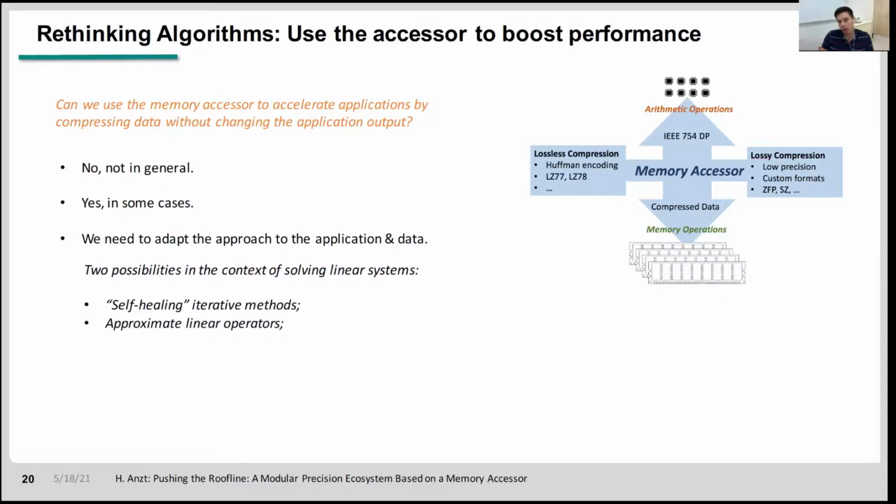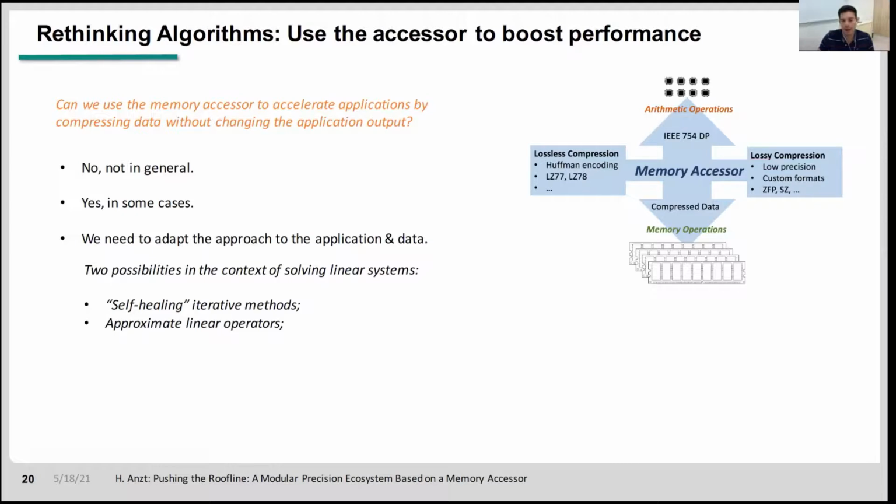So in general, it is not possible to just say, OK, I take my high precision algorithm, and now I use the memory accessor for all the memory access, and I see the same application output. However, in some cases, it is possible that you get the same application output.